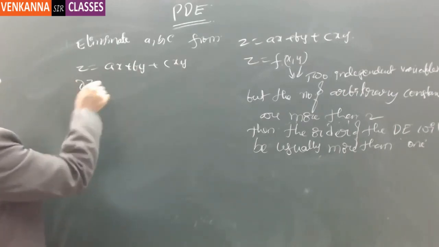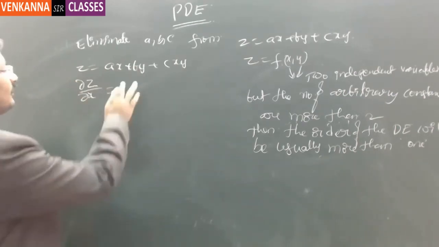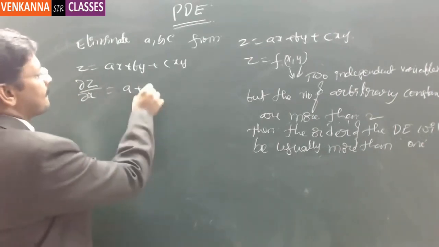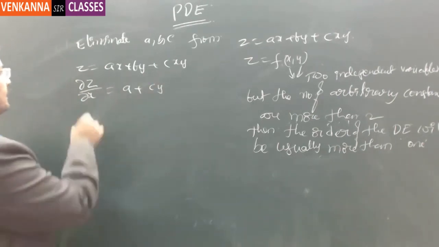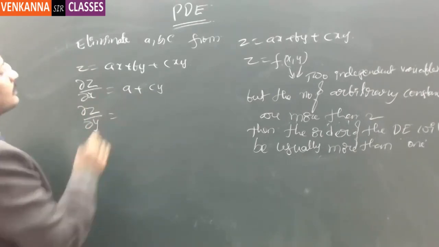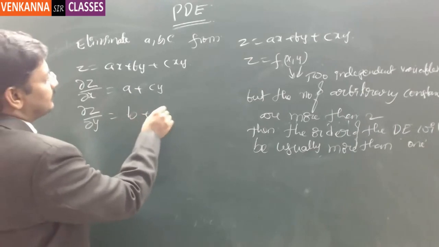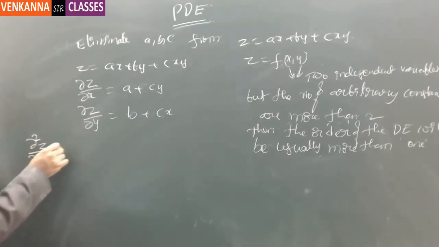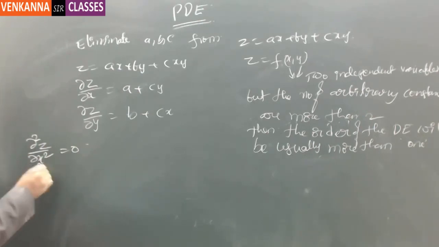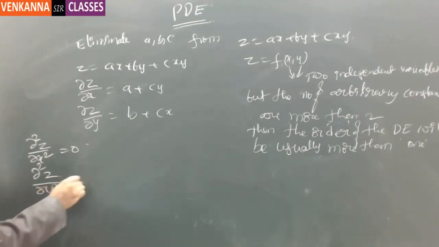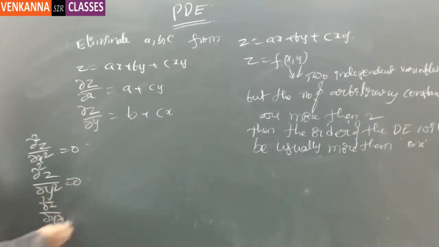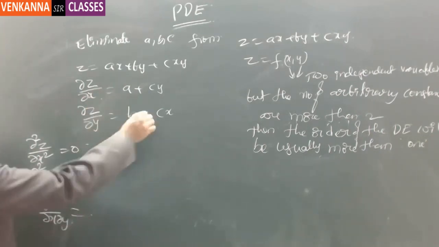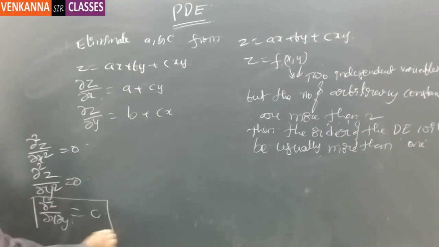If you take dou z by dou x, this value is going to be a plus cy. Similarly, dou z by dou y is equal to b plus cx. If I take the second derivative, then dou square z by dou x square is equal to 0. Dou square z by dou y square is equal to 0. Dou square z by dou x dou y, either from this equation or this equation, will be c.